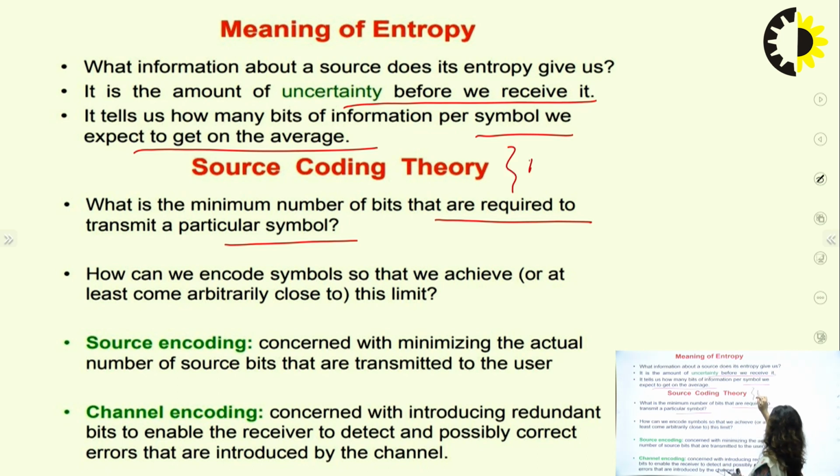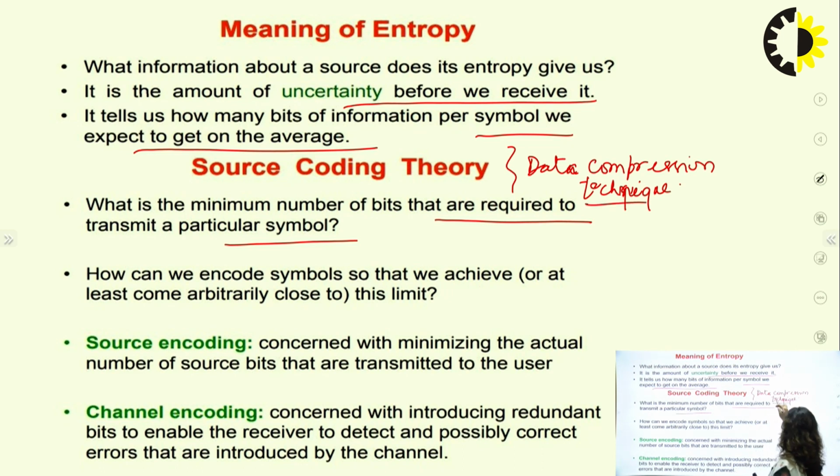It is called a data compression technique. In various books you will find it. Data compression means the minimum number of bits required to encode a particular message or symbol.